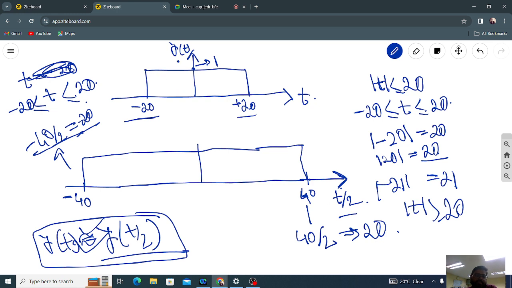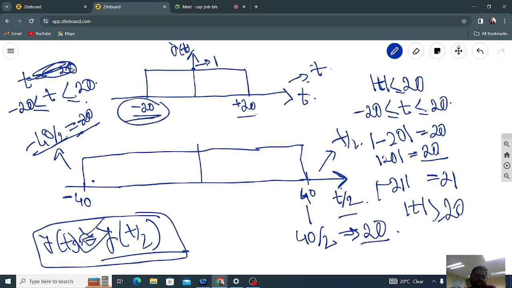That's the interpretation. The x-axis was t, here the x-axis is t by 2. So this minus 20 value will now be minus 40, so that minus 40 by 2 remains minus 20 for y(t), and this plus 20 should be 40 by 2, which is 20.